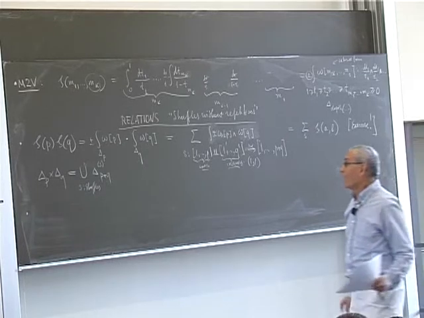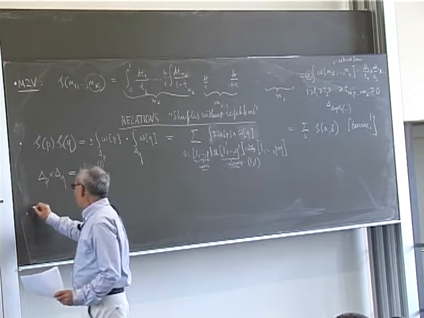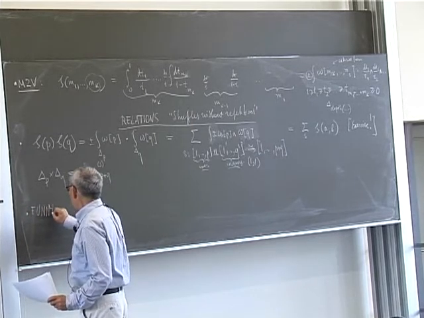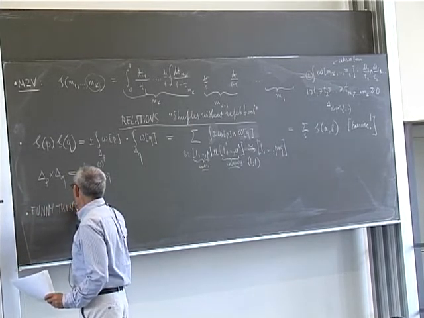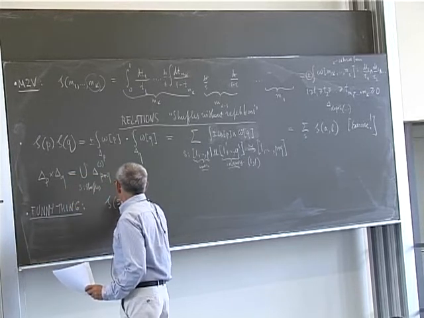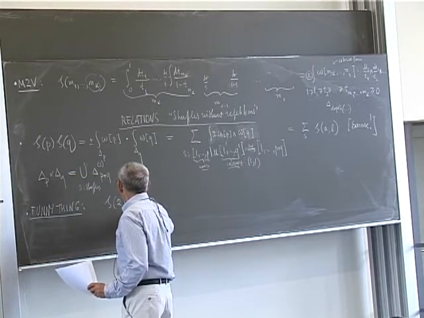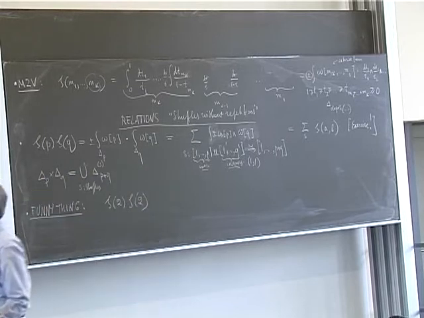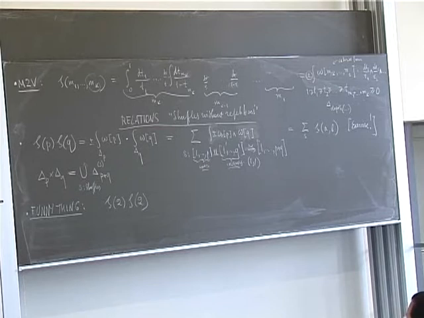Okay? And what is funny is that even in the simplest case, when you are multiplying zeta 2 by zeta 2, you get something different from this relation, even in the simplest case.